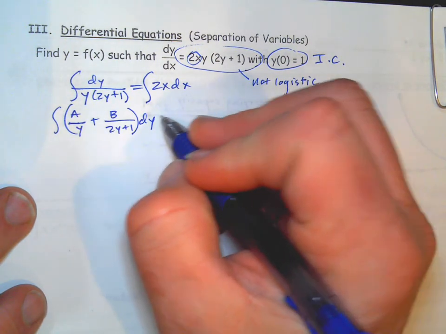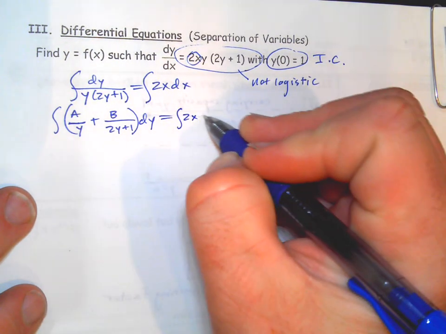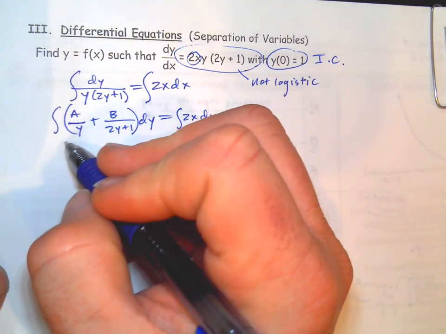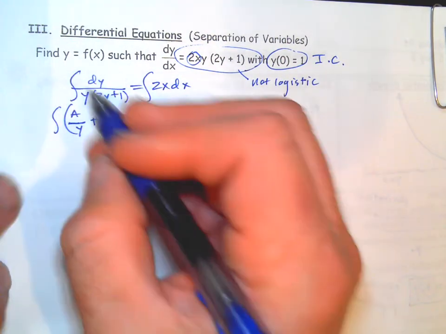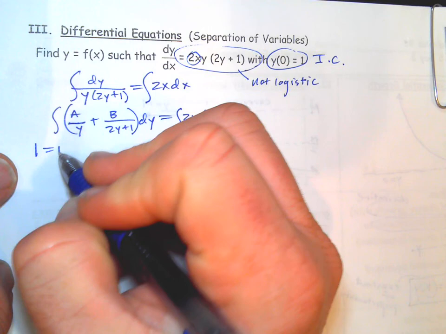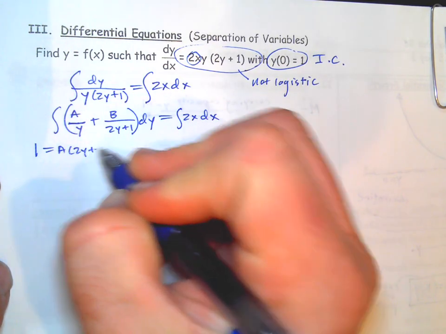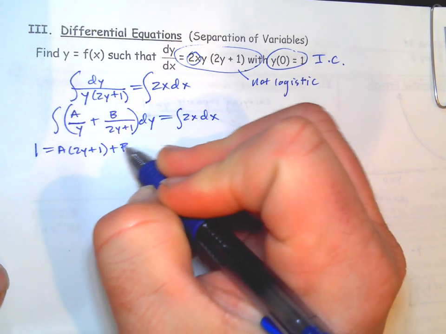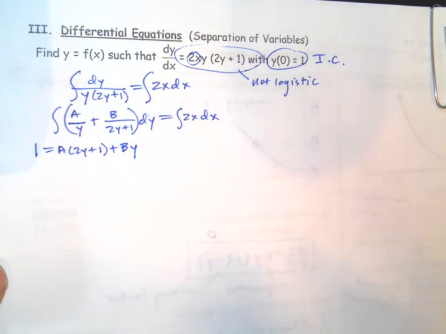And so if we multiply by the least common denominator, it's going to be 1 equals a(2y plus 1) plus b y.